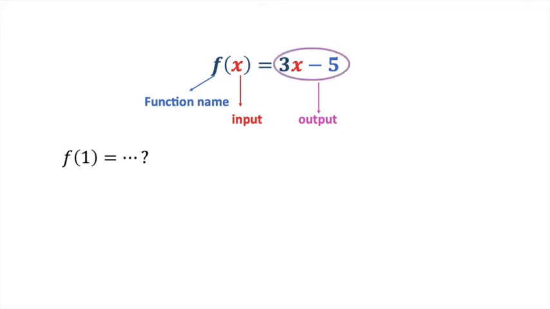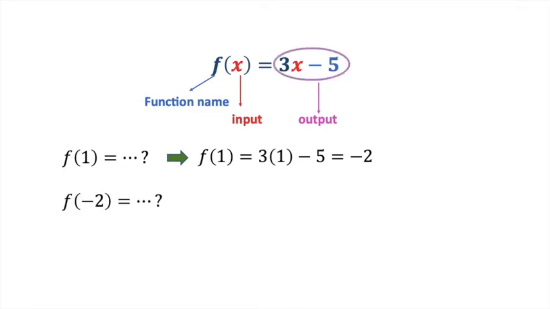Remember, 1 here represents the input. So, to find out f of 1, just replace the input, which is the x, by 1. And then we will get f of 1 is equal to 3 times 1 minus 5 is equal to negative 2.